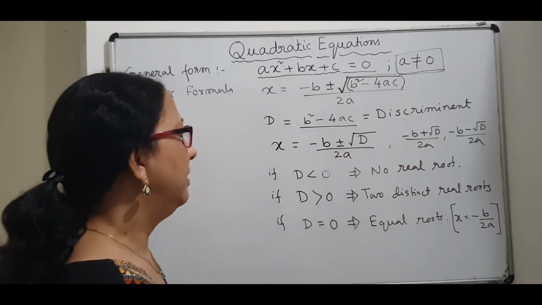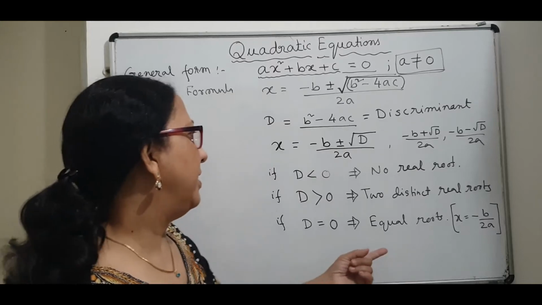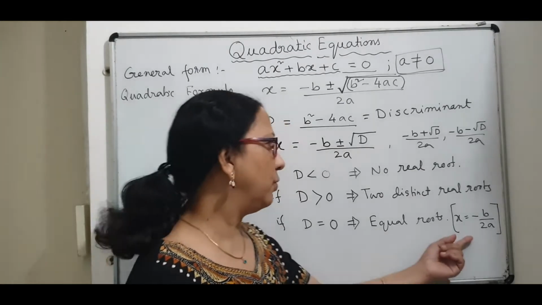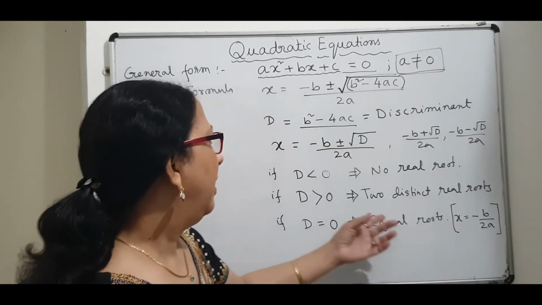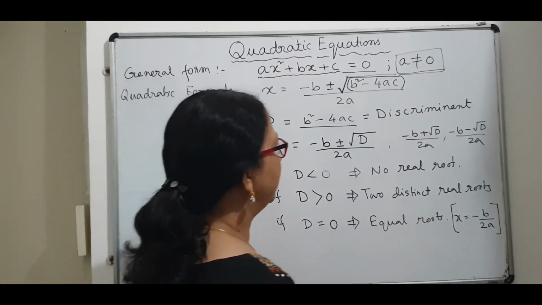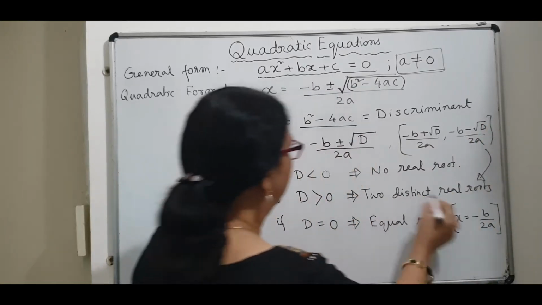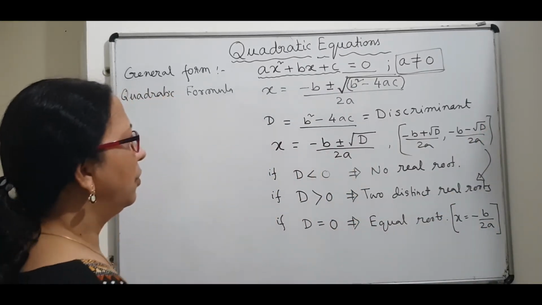Since it is a quadratic equation it has two roots, and both are equal. And when D is less than 0, no real roots.